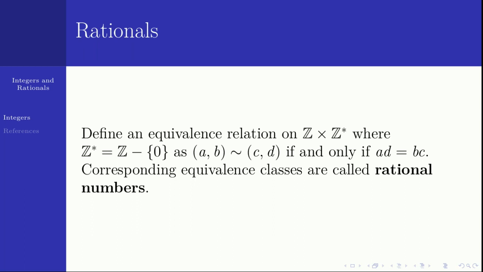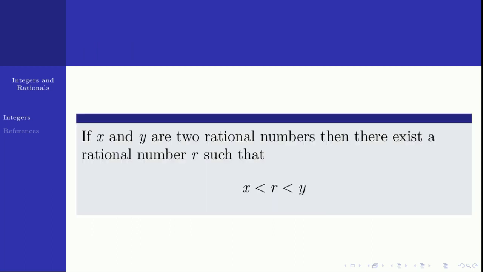So we have constructed rational numbers. There is one important property of rational numbers which does not hold for integers and natural numbers. If you have two rational numbers x and y, then there exists a rational number r lying between x and y. So between any two rational numbers you can find another rational number.